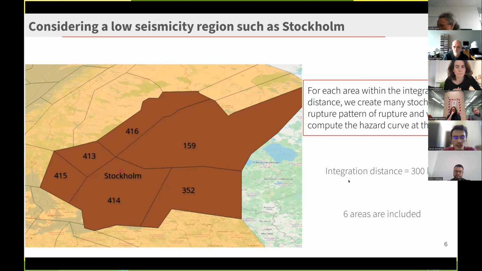Why? Because we take an integration distance of 300 kilometers around the site, and every rupture that is beyond 300 kilometers will not be counted, because we don't want to compute every rupture in the world. So in these 300 kilometers, we have six areas that are included.